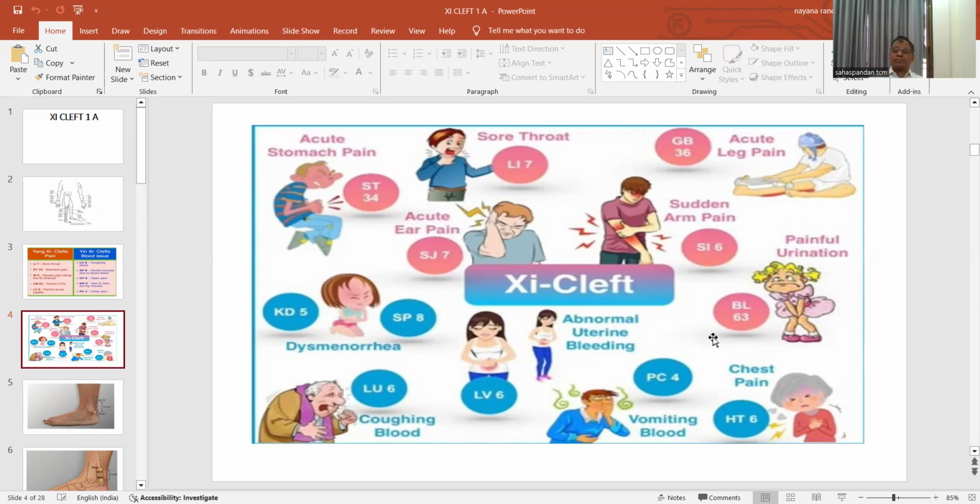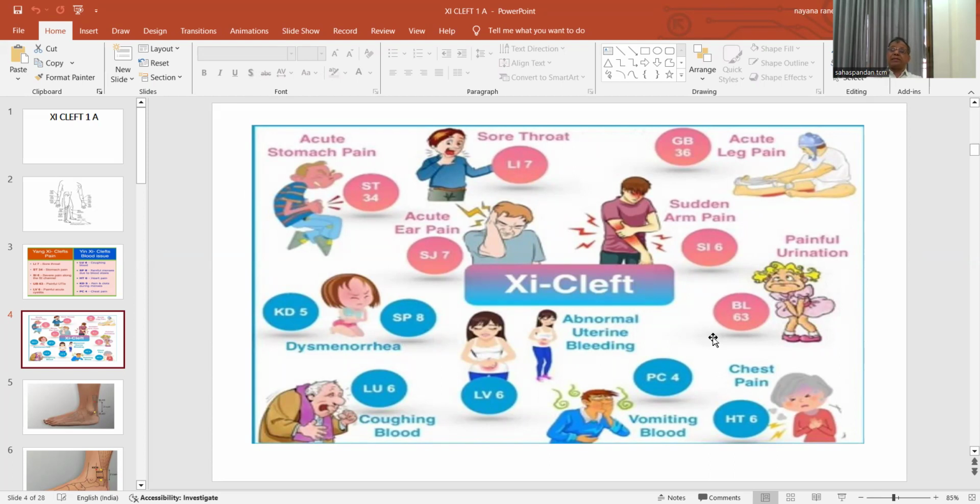Stomach 34 is for acute and painful syndromes of the breast, because the breast is located on the pathway of the stomach meridian. So it is useful in acute and painful syndromes of the breast, knee pain and acute epigastric pain.